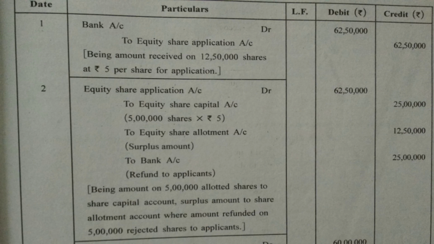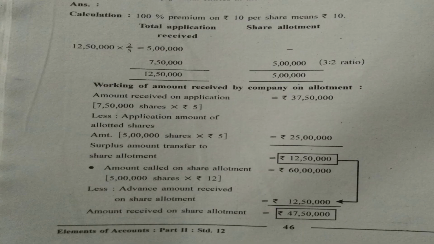Now talking about the amount that is to be transferred to share allotment account, the surplus amount. So to equity share allotment account, 12,50,000. How? Let us see in the calculation. It is given here. Surplus amount transferred to share allotment, 12,50,000. Yes, you can also obtain it by calculating simply. All the calculations have been presented here.